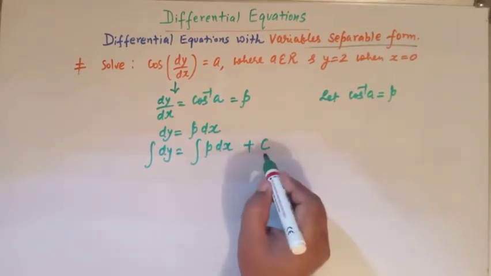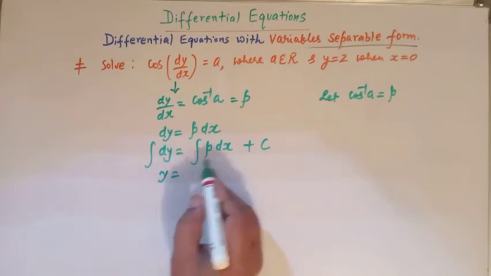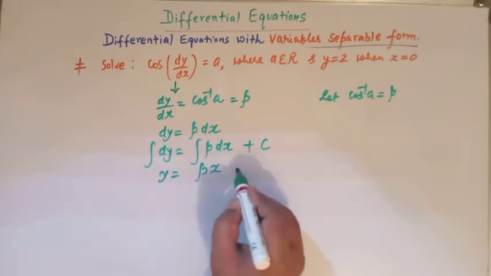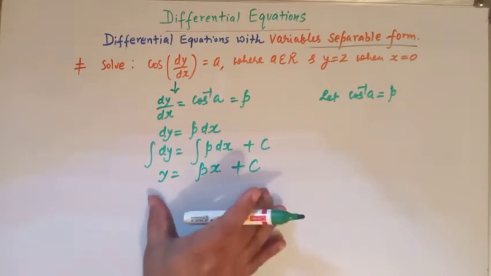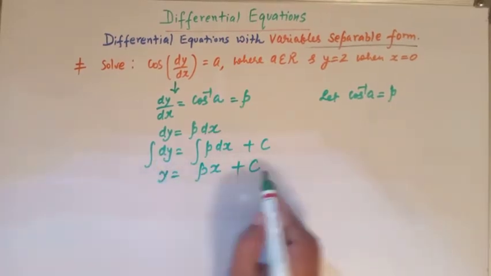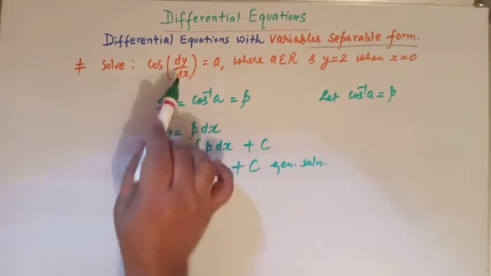C is the constant of integration. Now here we have y, and here we have px plus c. Clear? Now this is the general solution of the given differential equation.